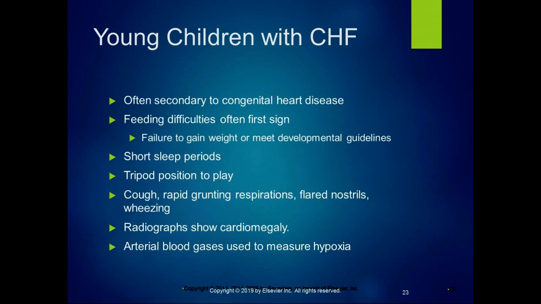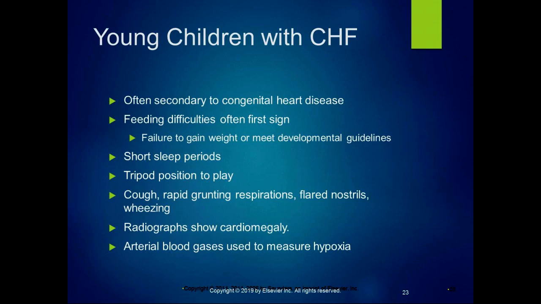Older children, they're in a tripod position to play, and that is to help them with their breathing. You'll hear more about this in the pediatrics part of your neurodevelopmental class, but the play position that children assume, if there's something wrong, is often a position of less discomfort.